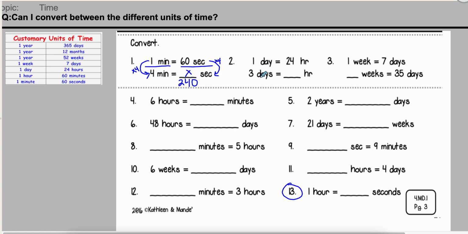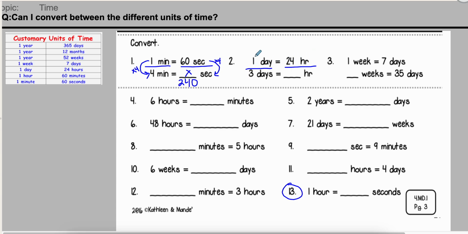In question number 2, we're comparing days to hours. I know from my conversion chart that 1 day is the same as 24 hours. I can look over here and I know that that is the correct conversion. So what I'm trying to find is how many hours are there in 3 days? Again, this is already kind of neatly set up for us.